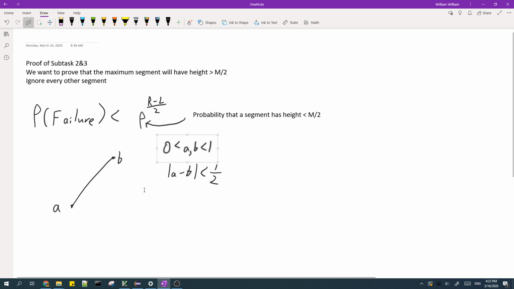And also, because the height is smaller than m divided by 2, the absolute difference between A and B should be less than 1/2.